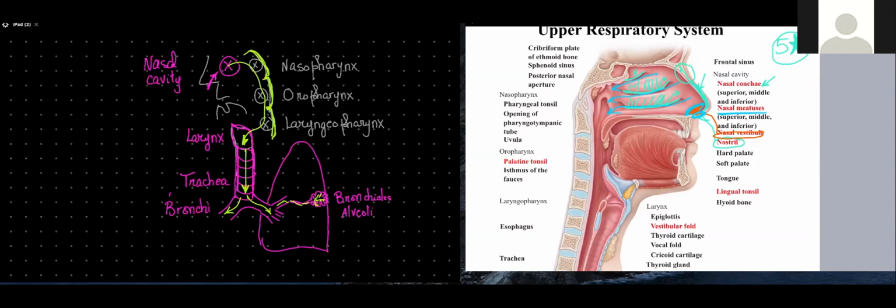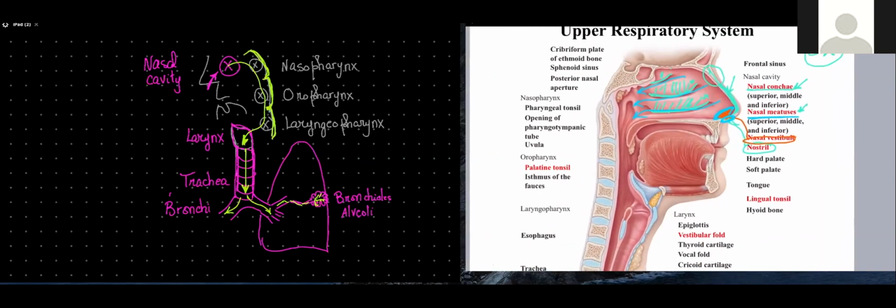We've got those eminences, bony eminences on the inside of the nasal cavity, which are covered with mucous membranes. Those are my nasal concha, superior, middle, and inferior. In between the nasal concha, those are my nasal meatuses, superior, middle, and inferior nasal meatuses.